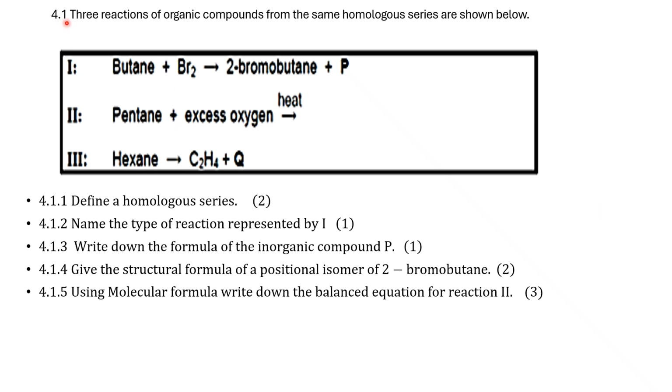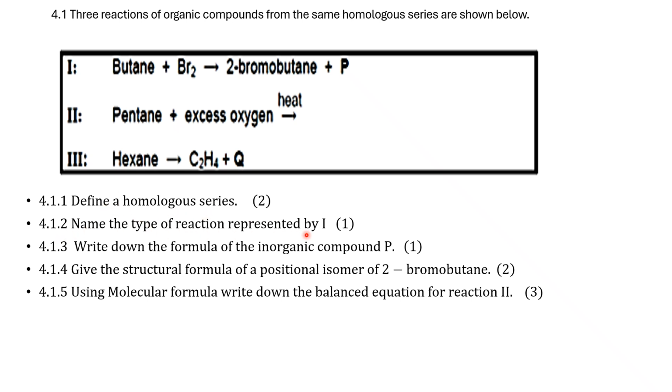Three reactions of organic compounds from the same homologous series are shown below. Reaction 1, we have butane reacting with bromine to form 2-bromobutane plus generally HBr; pentane plus excess oxygen and heat; hexane to form C2H4 plus Q. 4.1.1, define the homologous series.